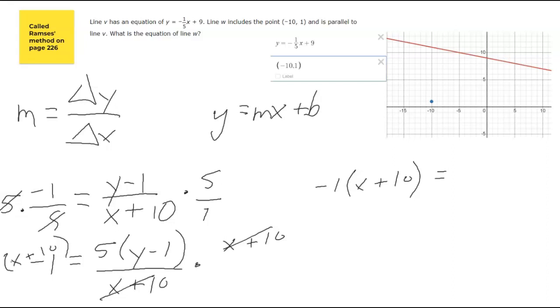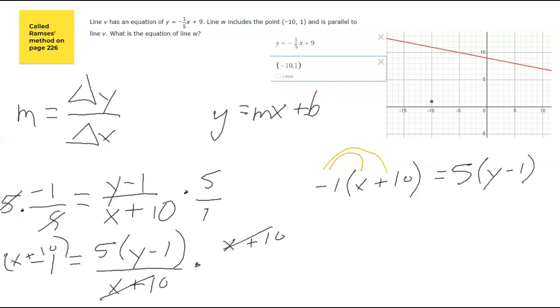Now I was going to do 2 steps in 1, but that seems like a bad idea. I should show all my steps. All right, so now let's distribute. So what we're going to do is we're going to distribute this negative 1. We're going to multiply negative 1 times x and negative 1 times 10.